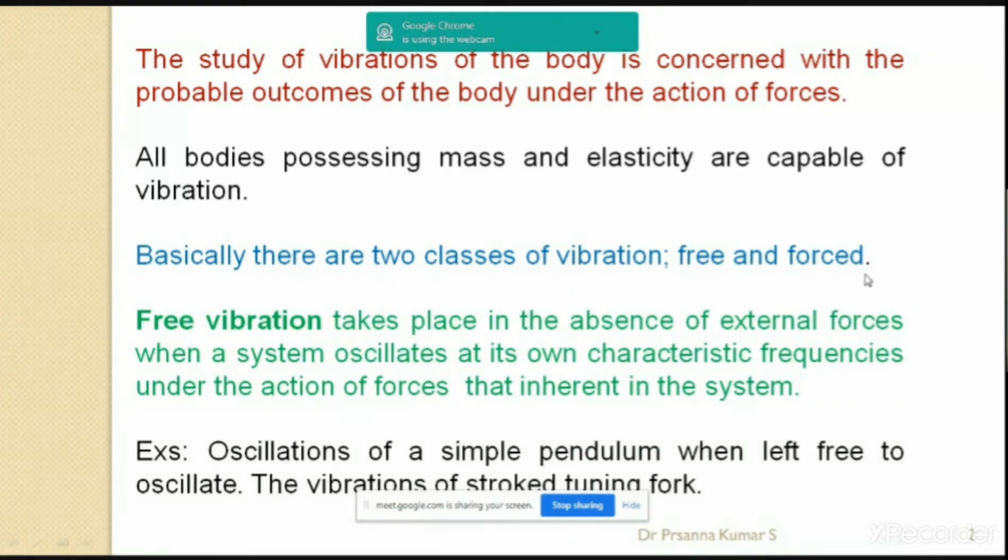If a body is capable of vibrating with its own characteristic frequency in the absence of an external force, it is said to be vibrating with free oscillations. So in free oscillations, no external force is applied to the system.